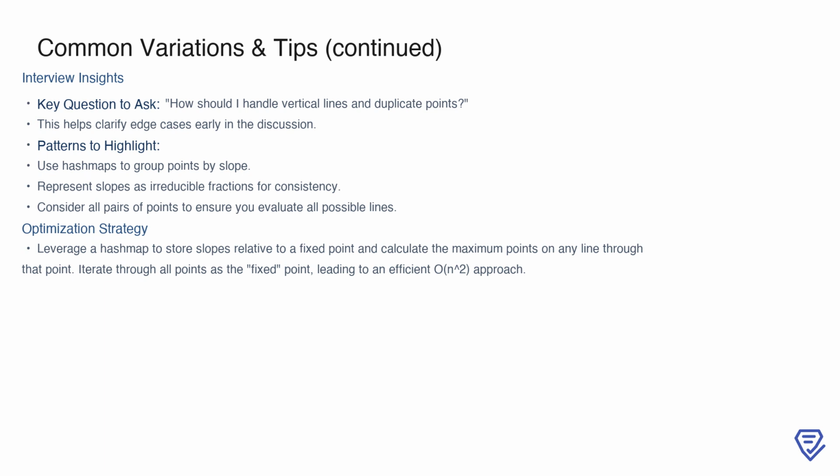It's also important to consider all pairs of points to guarantee that every potential line is evaluated. For optimization, use a hash map to store slopes relative to a fixed point, then calculate the maximum points on any line through that point. Iterating through all points as the fixed point gives you an efficient O(n²) approach, which is both practical and effective.